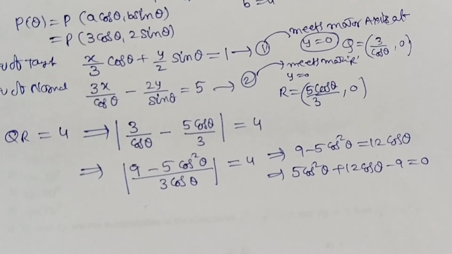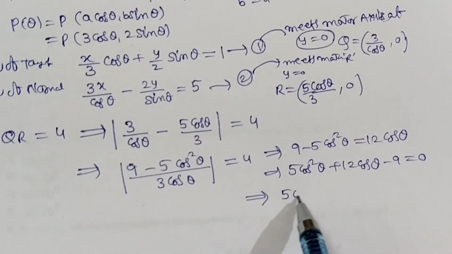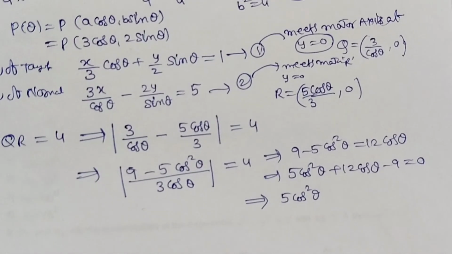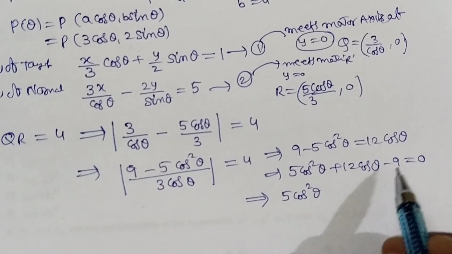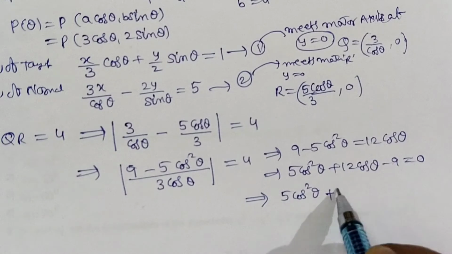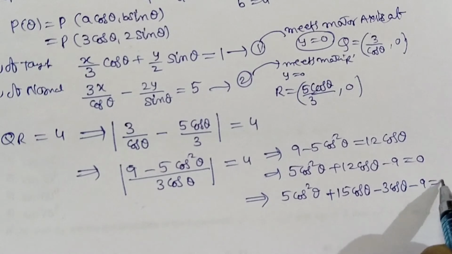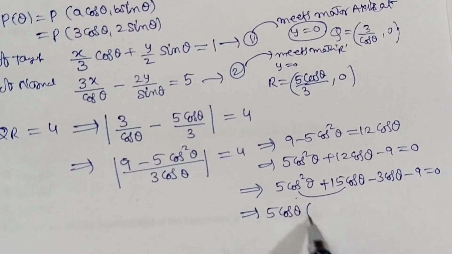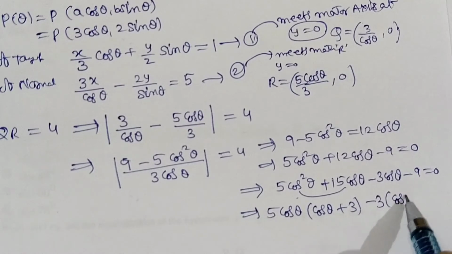Now do the factorization. 5 cos square theta, and the product is minus 45, which can be written as 15 times 3, so 15 cos theta minus 3 cos theta minus 9 equal to 0. From these, take 5 cos theta common, and from the other two take minus 3 common, giving cos theta plus 3.